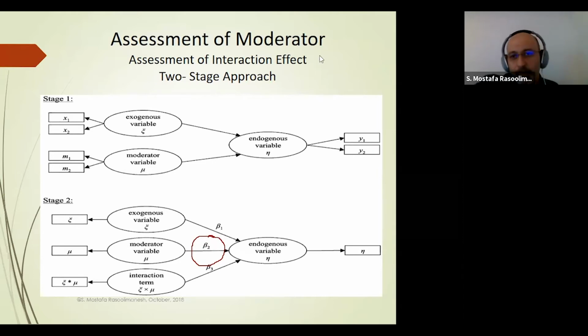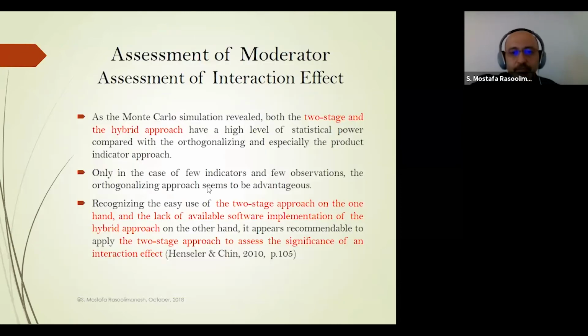The hybrid approach is not possible to create based on available software. Some software has an option for the orthogonalizing approach, but it is not common.